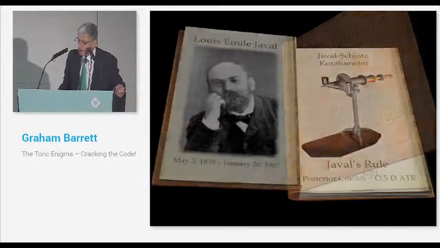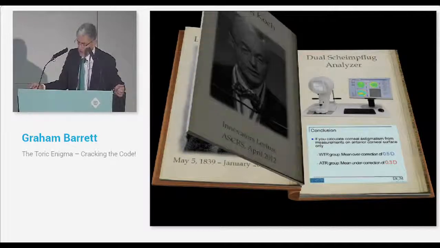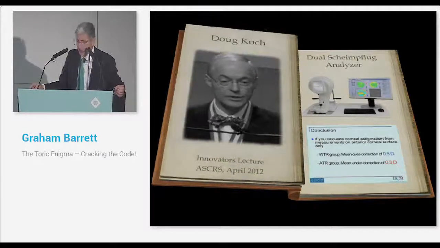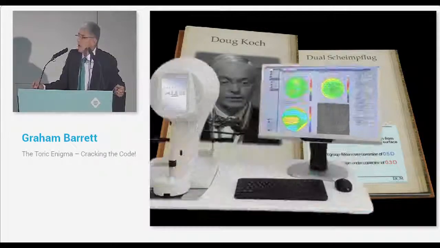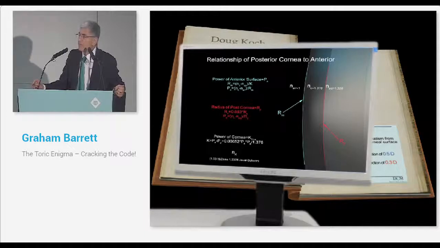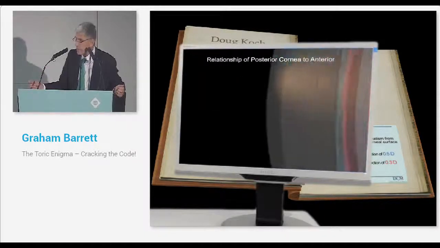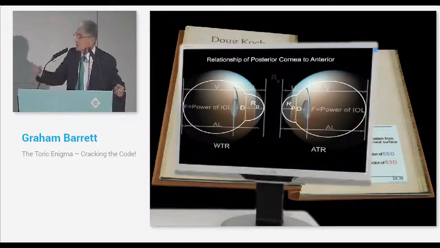And Doug Koch reminded everyone of the importance of Javal's rule in his Innovators Lecture in 2012. And he also, on a population basis, showed that when you have increasing with the rule astigmatism, you get increasing amounts of posterior corneal astigmatism.